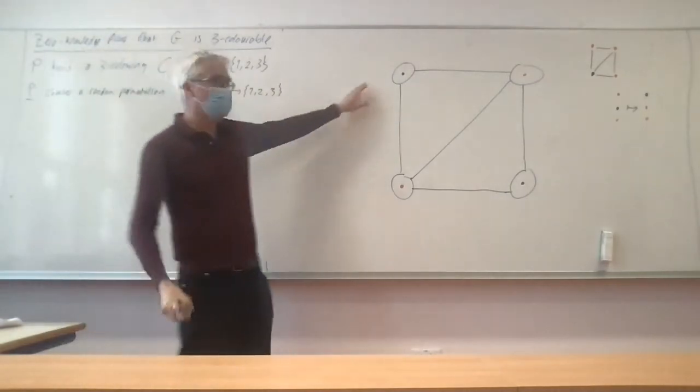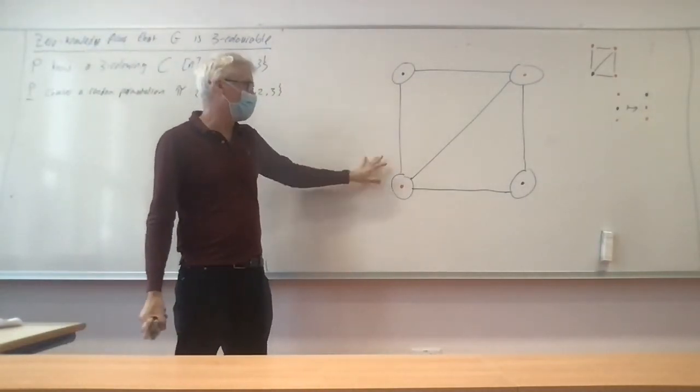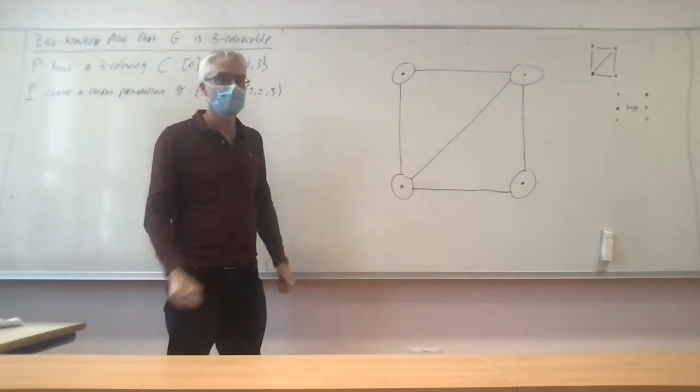Now, obviously, P can't communicate this to V, because then the verifier would learn the 3-coloring, because the permuted coloring is still a coloring.